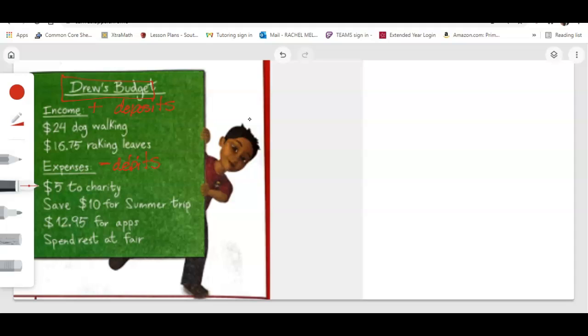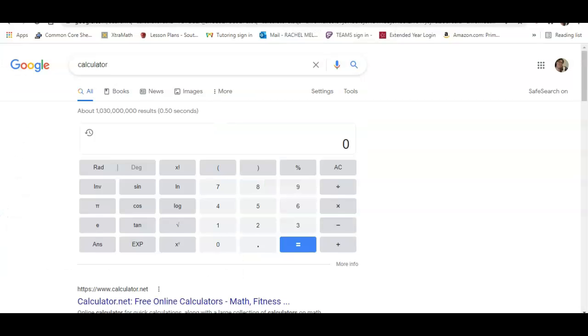Here we have $24 for dog walking, and we have $16.75 for raking leaves. As I said, our income are our deposits, so we always add our income. Just like we did last week, I am okay with you using a calculator, because in real life, that is what you would do.